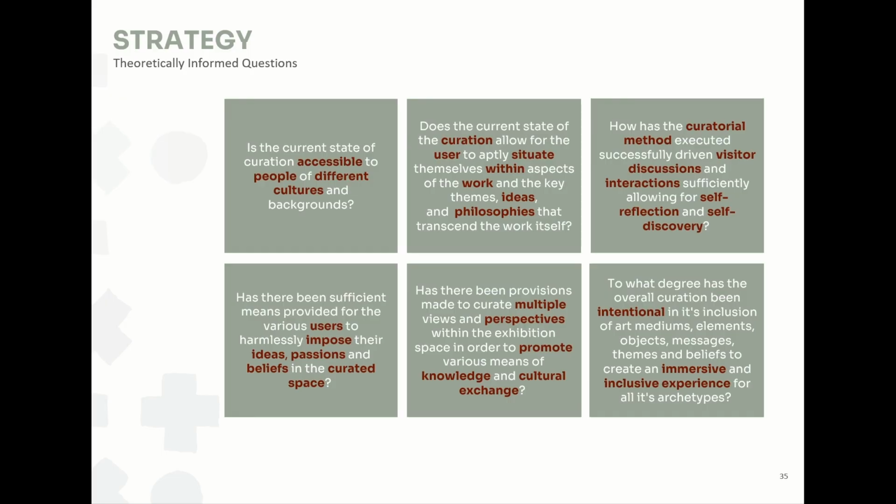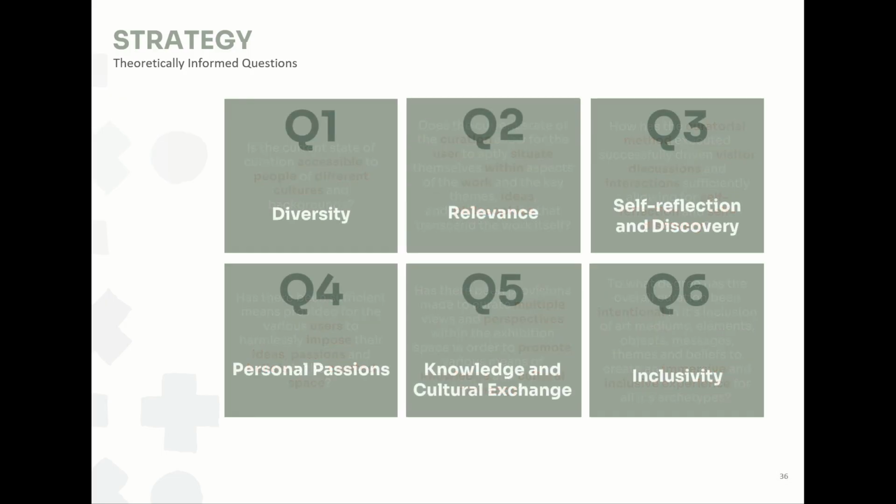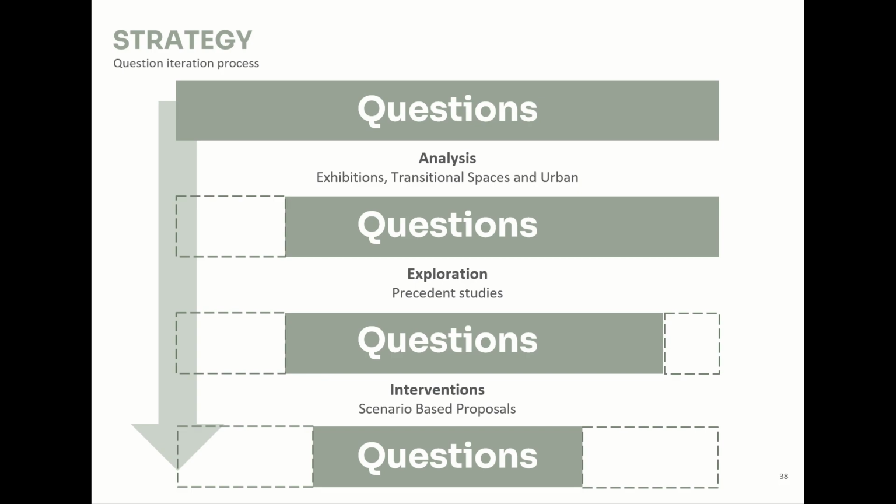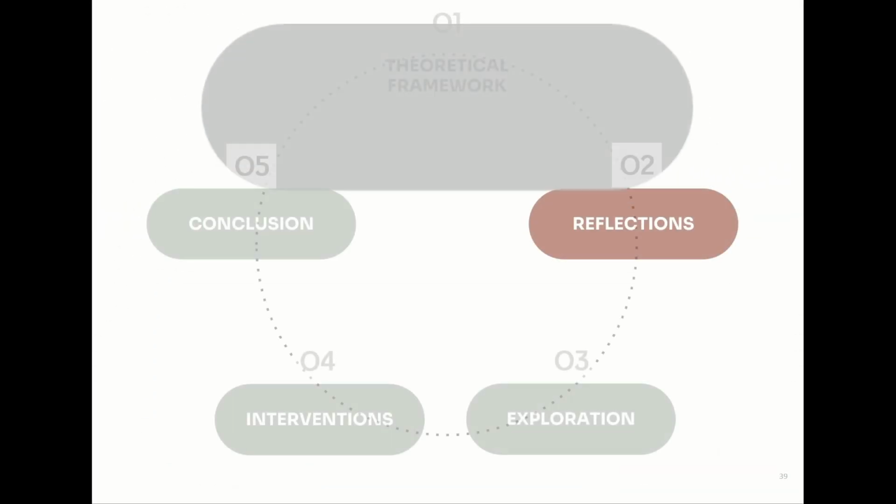These include diversity, relevance, self-reflection and discovery, personal passions, knowledge and cultural exchange, and inclusivity. Our questions can be seen as a strategy checklist for the curatorial team to ensure exhibitions and events promote edu-curational practices. Through the rest of the presentation, we will show the process of our question iterations and how they improved to formulate our final questions as a strategy for the curatorial team.